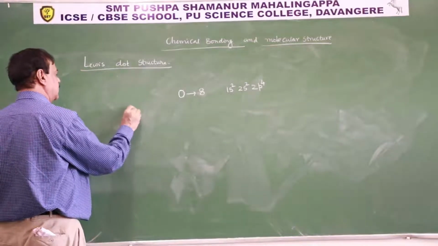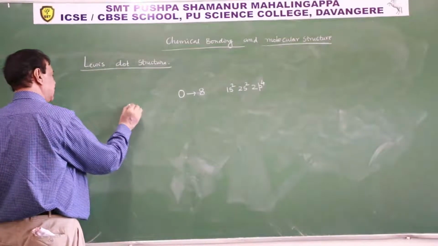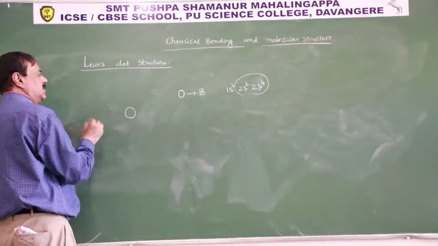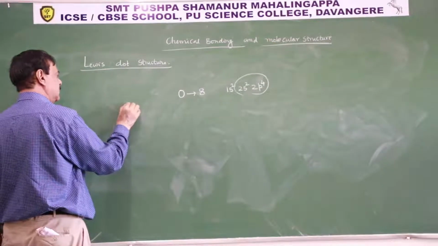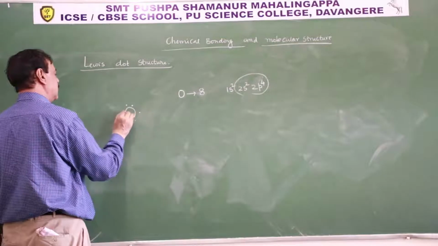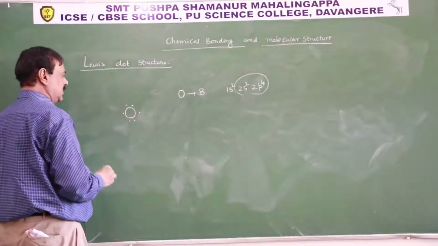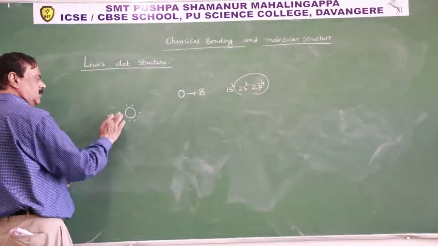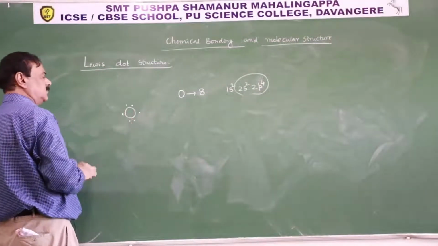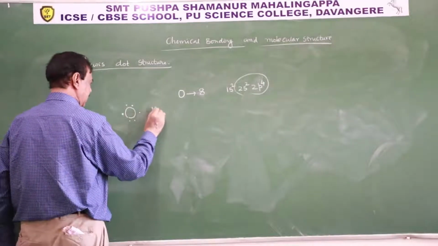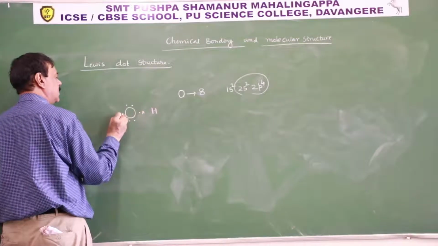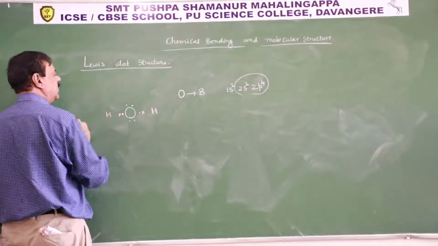During the chemical reaction, six electrons will be there in the oxygen atom, and for hydrogen, 1 electron.